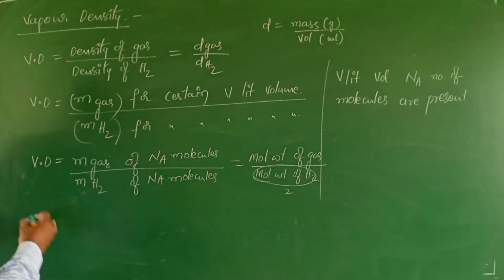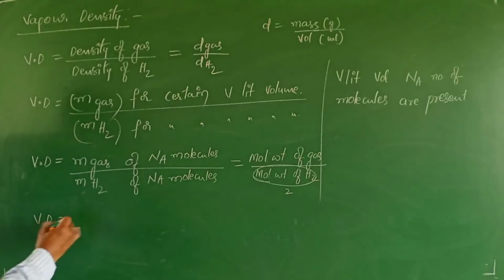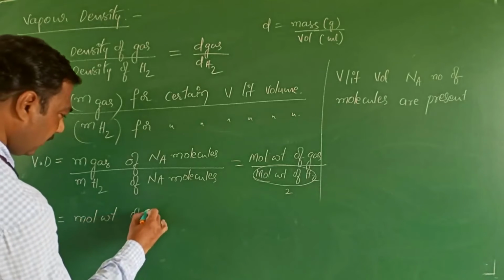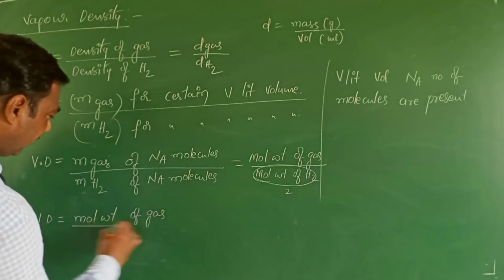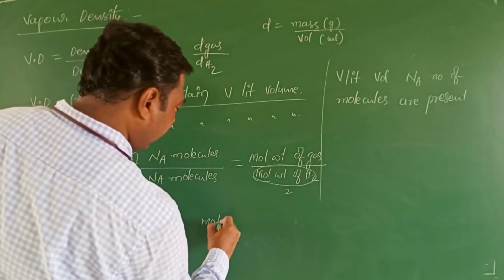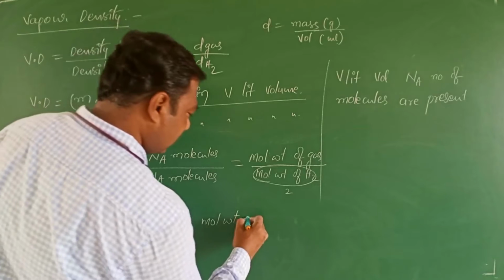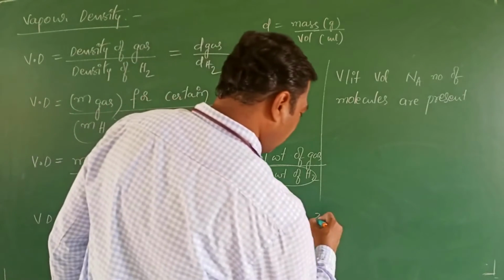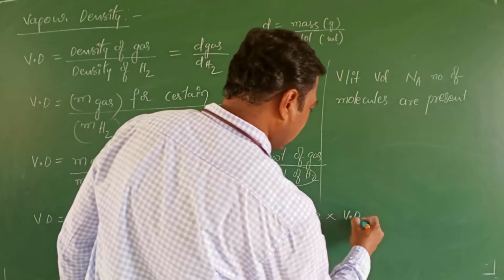Therefore, vapor density is equal to the molecular weight of gas by 2, or else the molecular weight of a gas is equal to 2 into vapor density.